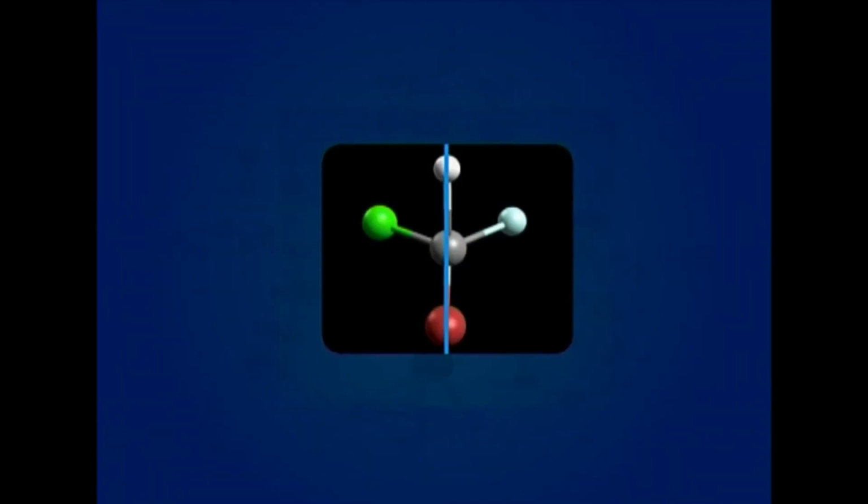Let's try approaching this problem using the symmetry method. If we take the original molecule and draw an axis or plane of symmetry, this is what we get. Since the left side is not identical to the right, this molecule does not have a symmetrical center and thus can be called chiral.